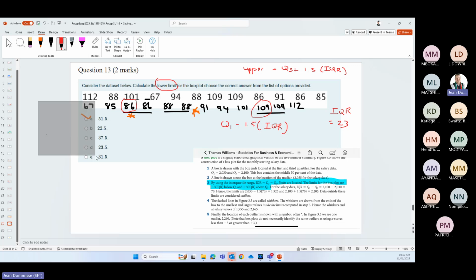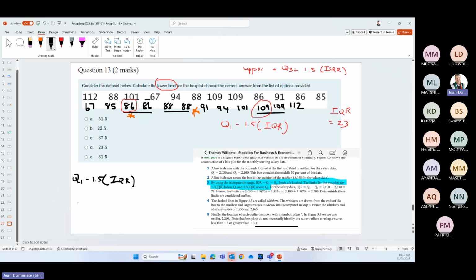Okay, so interquartile range was 23. So Q1 minus 1.5 interquartile range. I'm going to write out the Q3 as well.